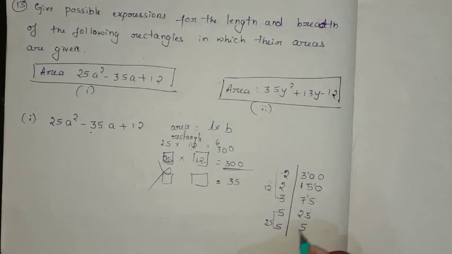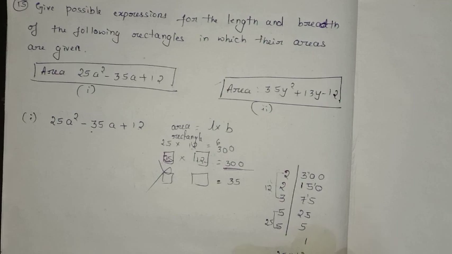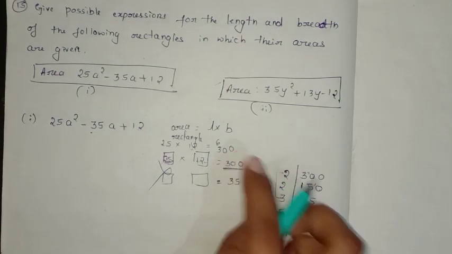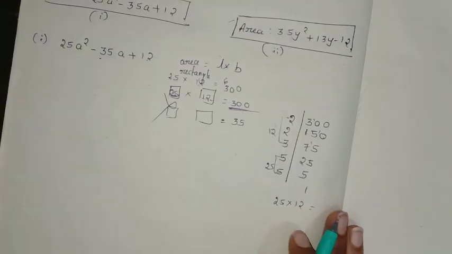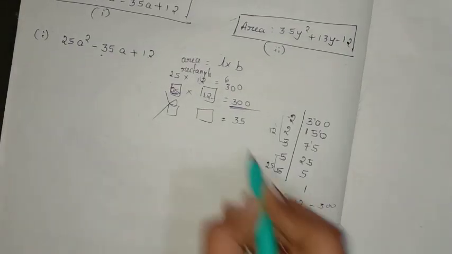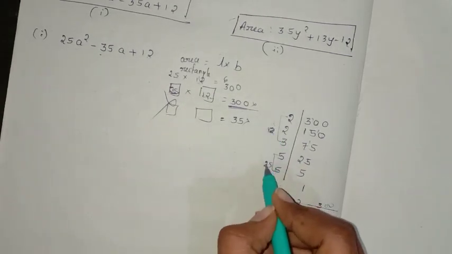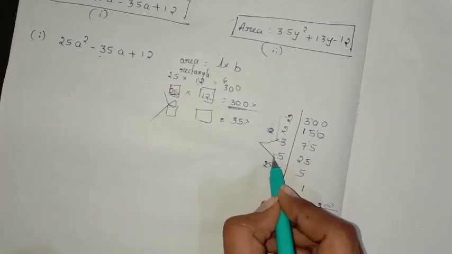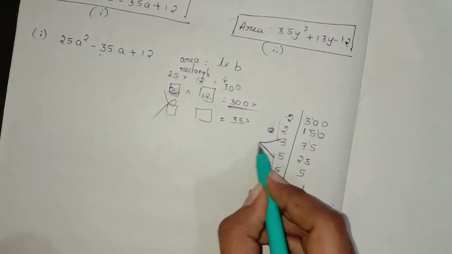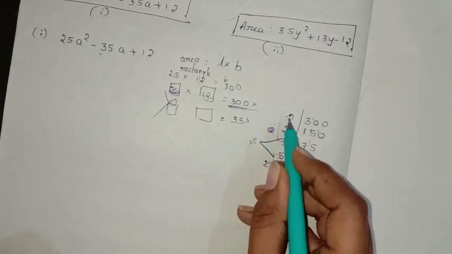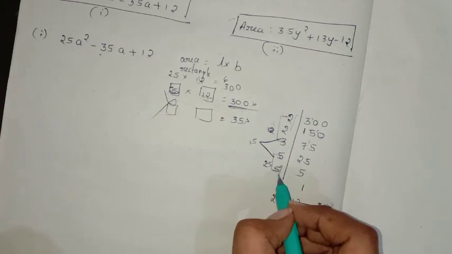Now you observe it is 25 into 12, so the product is 300, which we have already tried, and we did not get it. So I don't want that one. We will change the terms. We will choose these two, that is 3 into 5, so 5 threes are 15. Then we will multiply all the remaining.